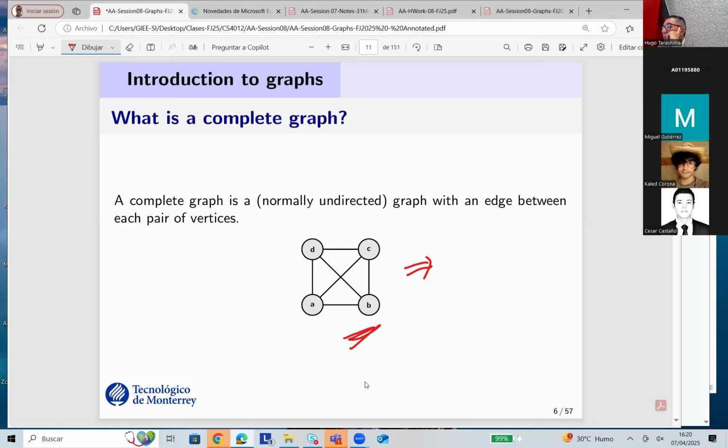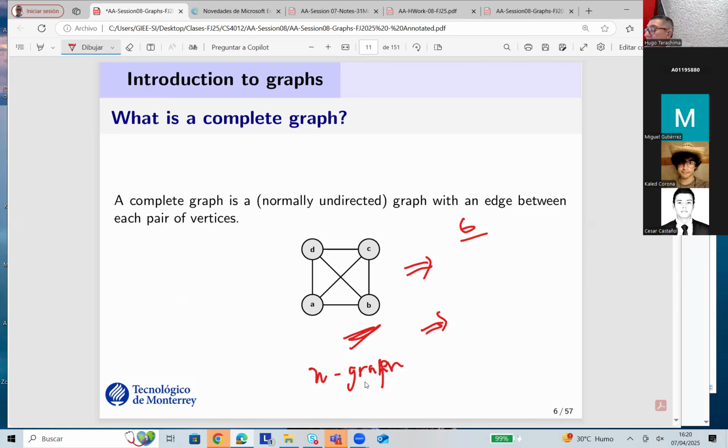6. And if you have a complete graph with n nodes, what is the number of edges that you have? You have n nodes, right?